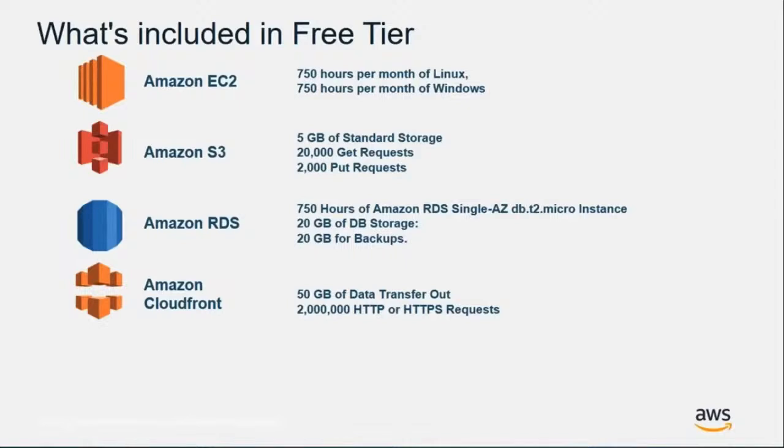You get 5 GB of standard storage on Amazon S3, and about 750 hours of an RDS instance, and you can get 50 GB of data transfer out. These are the details of what we are getting in the free tier. Keep taking screenshots for your reference.